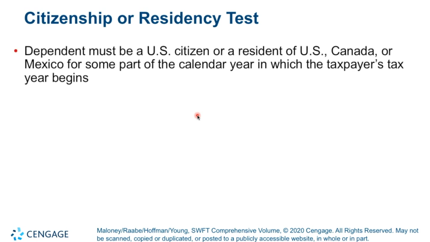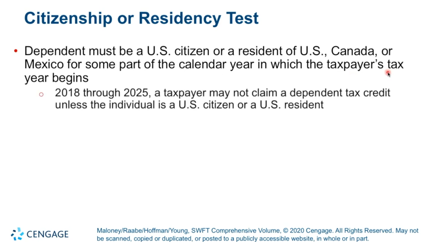Now, the citizen or residency test is that the dependent must be a U.S. citizen or resident of the U.S., Canada, or Mexico for some part of the calendar year in which the taxpayer's tax year begins. So that's looking at the person who's going to claim the person. For 2018 through 2025, a taxpayer may not claim a dependent tax credit unless the individual is a U.S. citizen or U.S. resident.